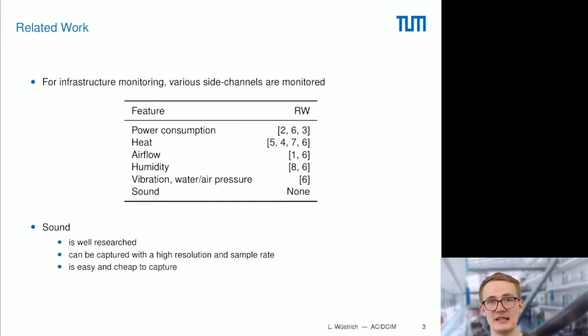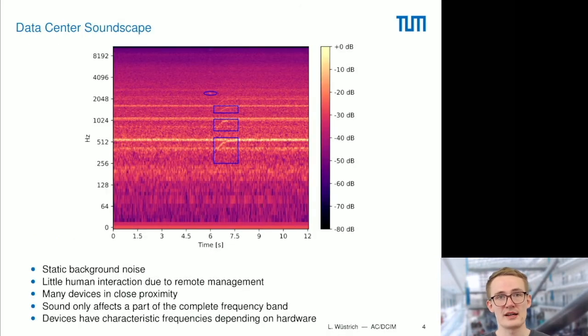Finally, sound is easy and cheap to capture, since microphones are low priced and can be easily retrofitted in any environment. However, to the best of our knowledge, there are no publications yet that propose acoustic side channels to monitor data centers. Of course, acoustic side channels also have their challenges, but the data center soundscape has a set of properties that make sound a good fit for monitoring devices there.